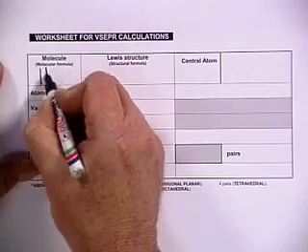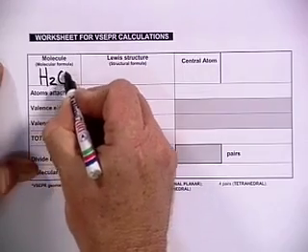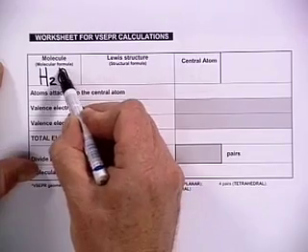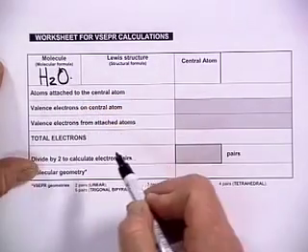So for water, H2O, 2 hydrogens, 1 oxygen, hydrogen to oxygen in the ratio of 2 to 1. And when we write down H2O, the molecular formula gives that to us automatically.